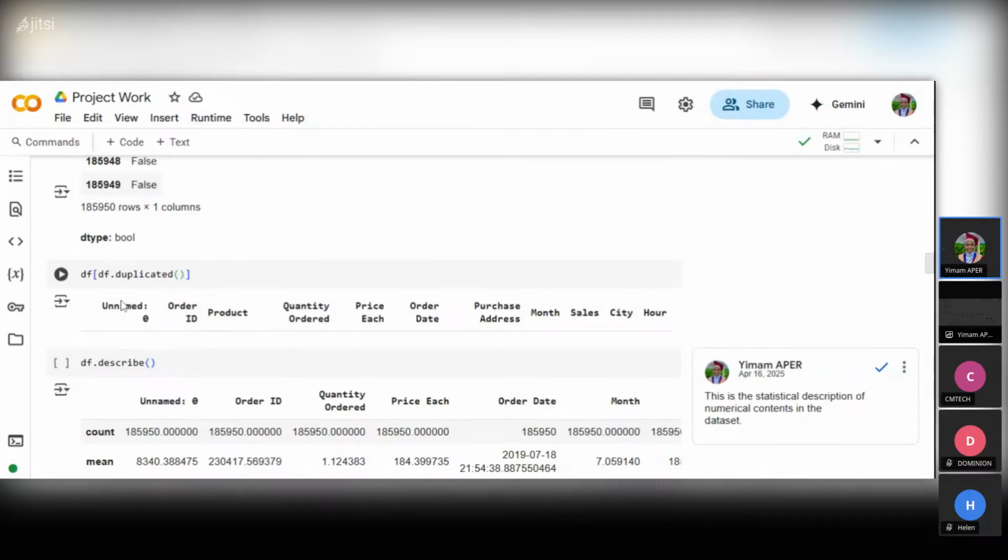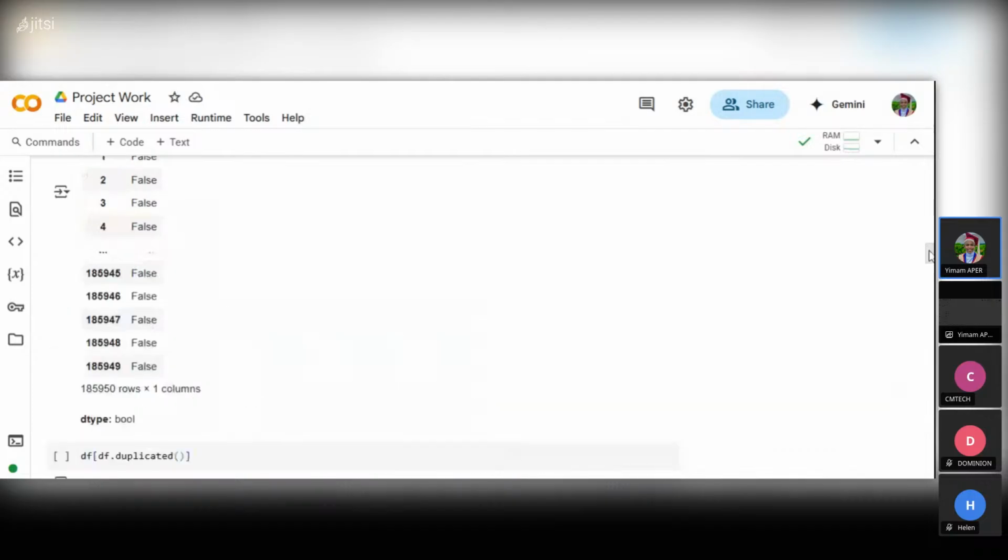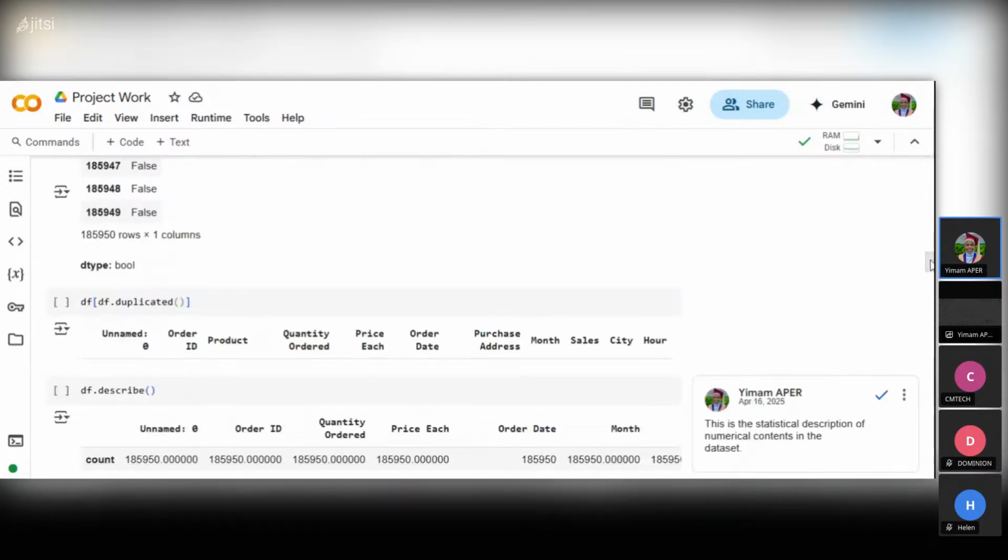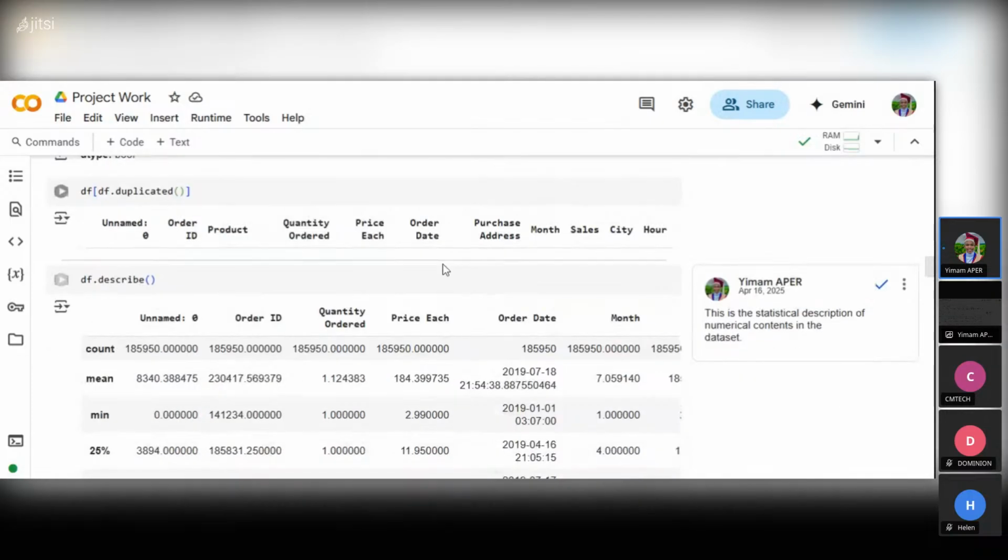I printed df.duplicated on the full data frame, to check all the columns, because the earlier one only checked the first column. That's why it showed rows by one column, to show that it's only for the first column. But when I did the second one, it gave me results for all the columns, which means that there are no duplicate values at all.